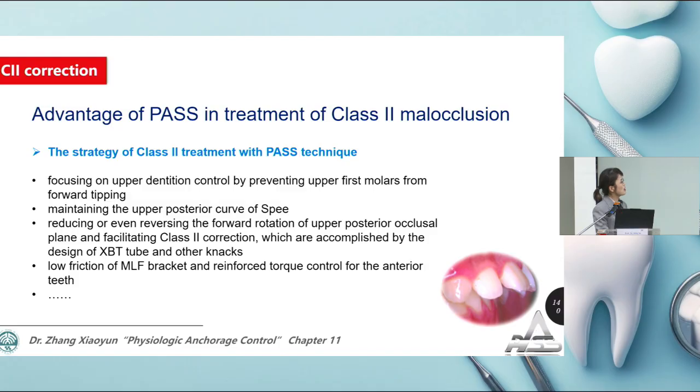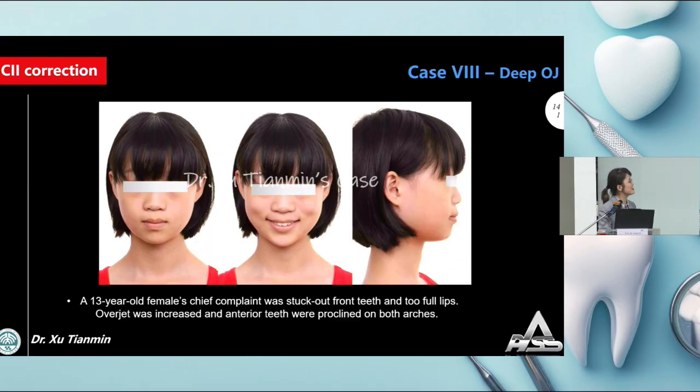And we want to maintain the upper posterior curve of Spee to reduce or even reverse the forward rotation of upper posterior occlusal plane and facilitate class 2 correction, which are accomplished by design of the XBT tube and other means. And the low friction of MLF bracket and the reinforced torque control of the anterior teeth, and so on. There are many advantages for the PASS to treat class 2 cases.